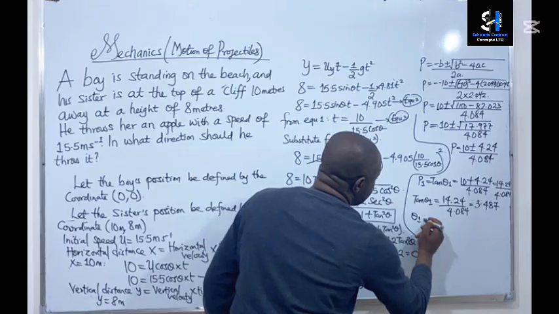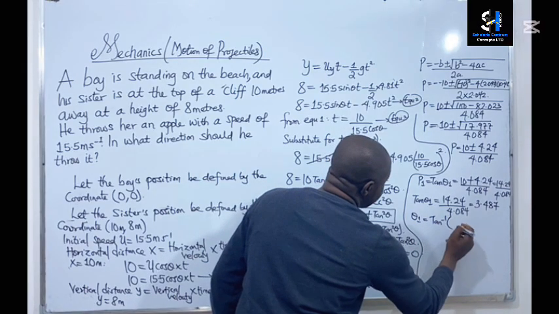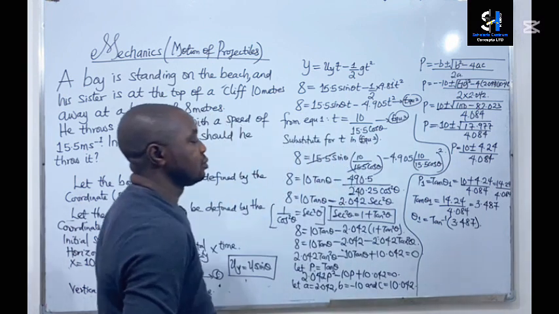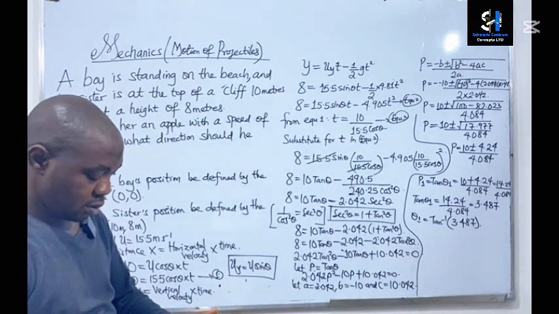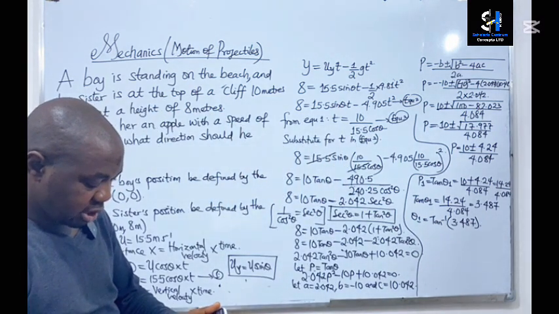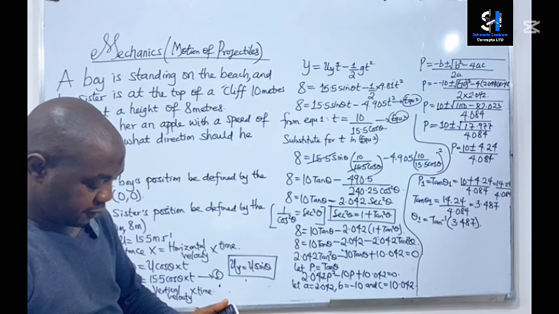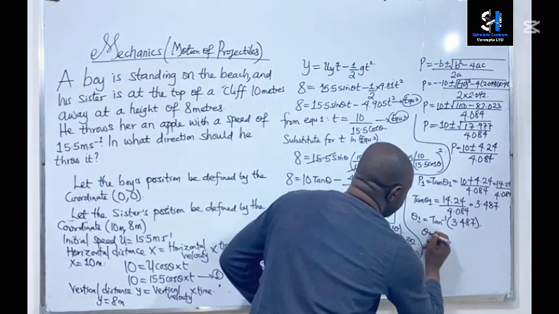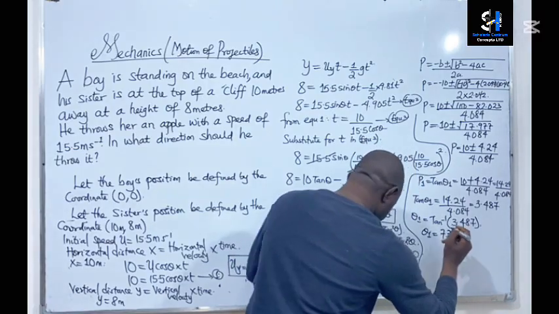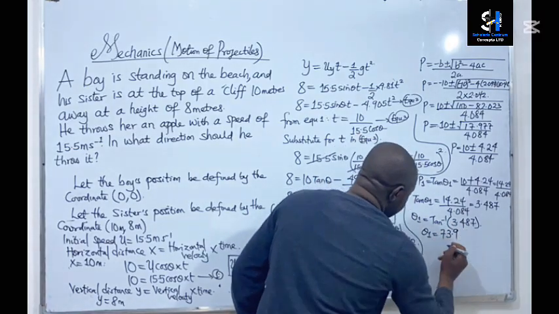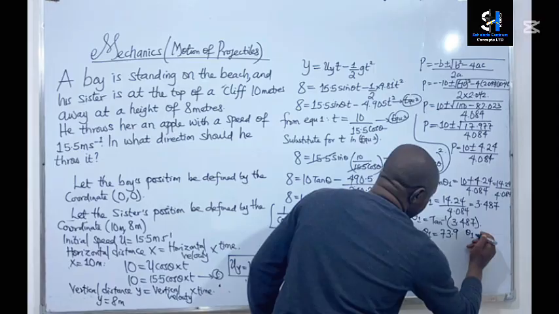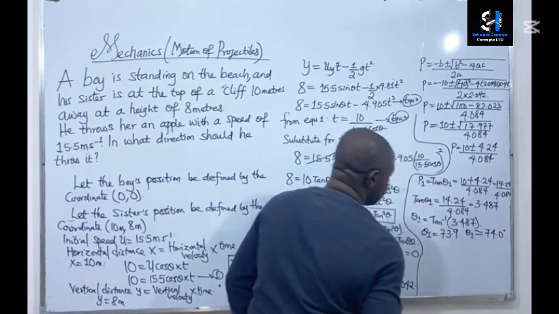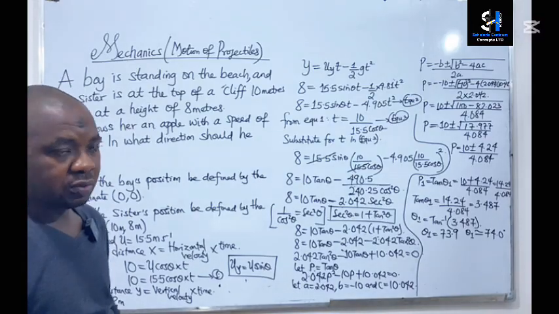So the first angle will be the inverse tan of 3.487. Let's get the inverse tan of 3.487. Theta 1 is 73.9, so theta 1 will be approximately 74.0 degrees. That's the first angle.